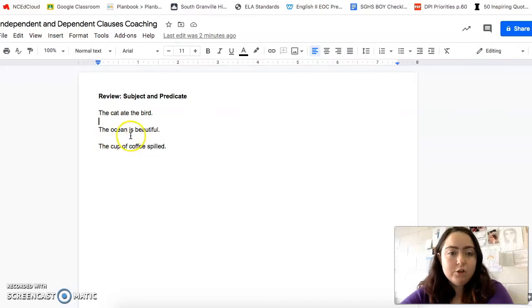All right, the ocean is beautiful. Who or what is doing or being something? The ocean. The predicate in this case is kind of tricky, but anytime you see is, was, were, am, be, being, been, any form of the verb be, that's always a verb, even though it doesn't look like it.